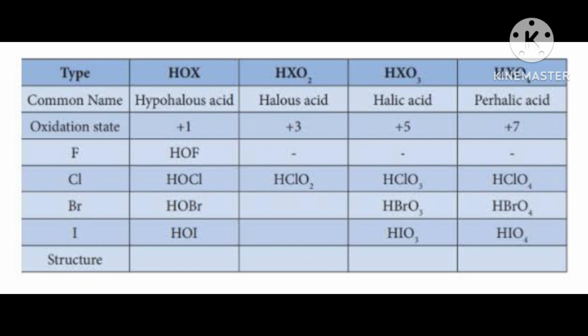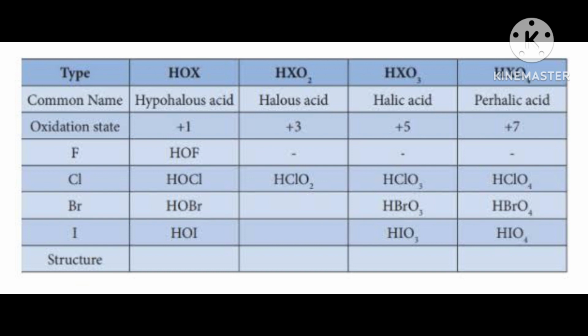The name is bromic acid, just like chloric acid. And perbromic acid, just like perchloric acid, HOBrO3, oxidation state is +7.